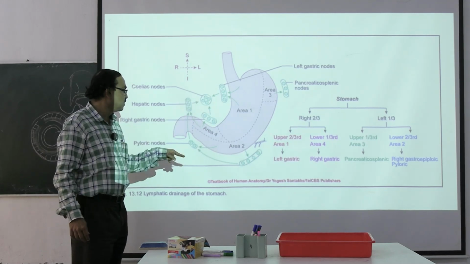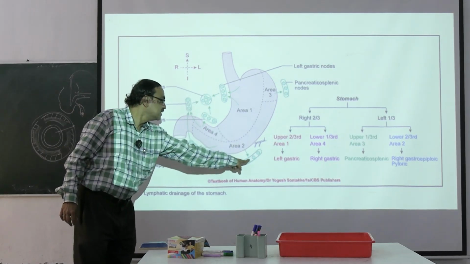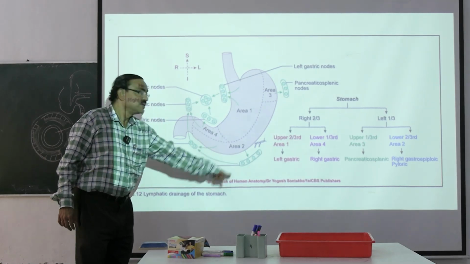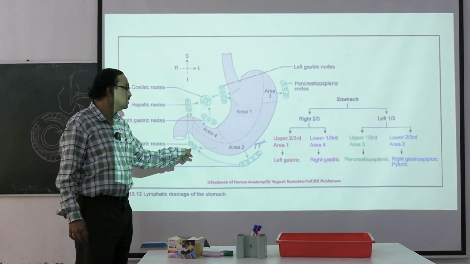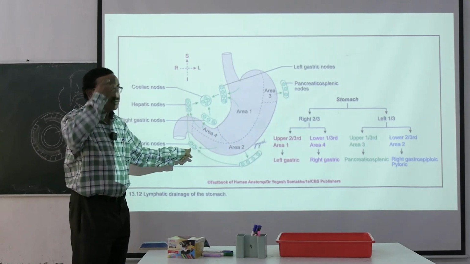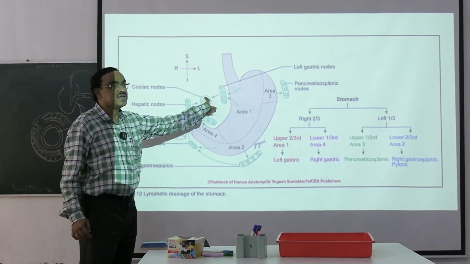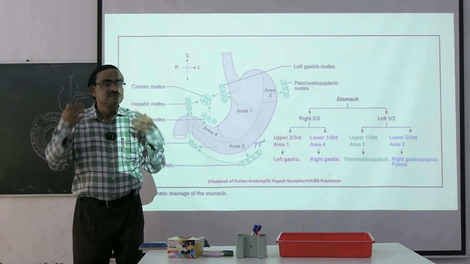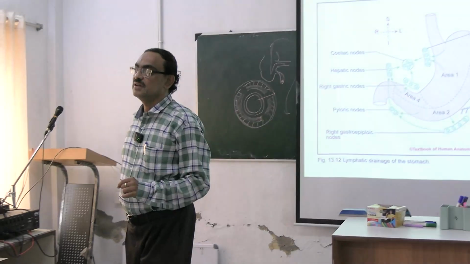From here, the celiac group of lymph nodes. From this area, we are getting drainage into the gastroepiploic group of lymph nodes, and from here it enters into the pyloric group of lymph nodes, and ultimately hepatic, celiac, paraaortic, cisterna chyli, and ultimately the thoracic duct will join.